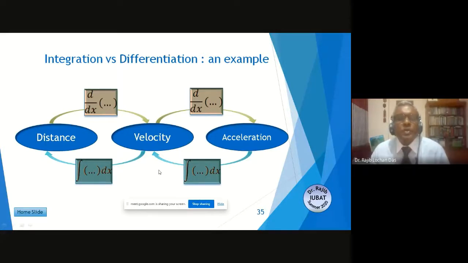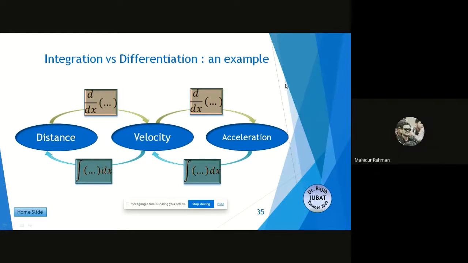Some of you are very new to this idea, so you need to know. If you already know, then fine. If you do integration of acceleration, that will give you velocity. If you do integration of velocity, that will give you distance. So this is the understanding. Is that clear?